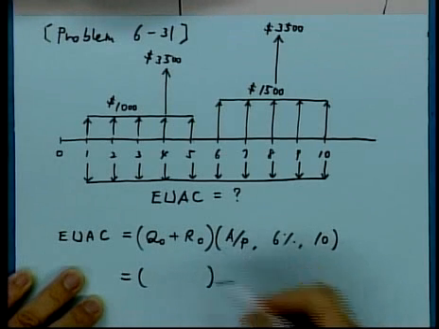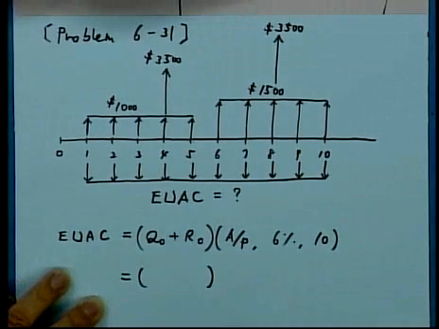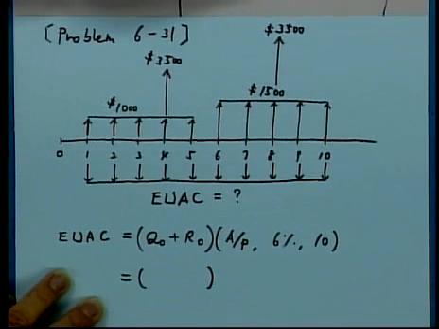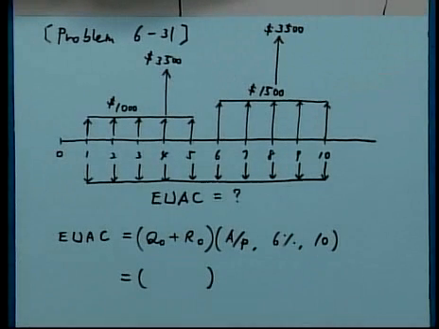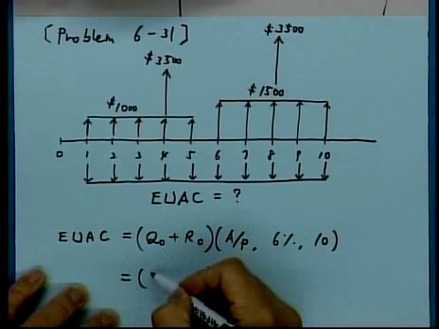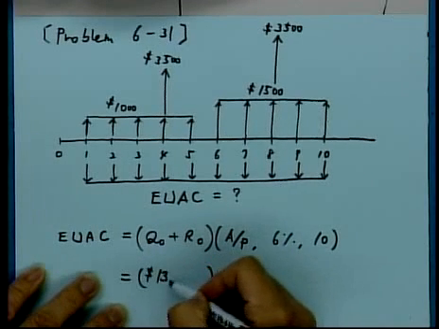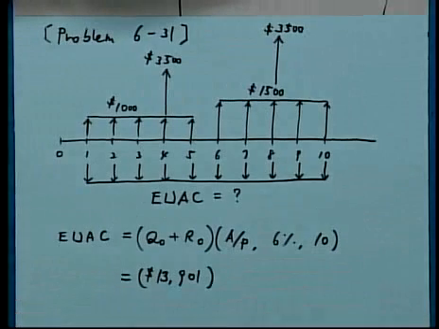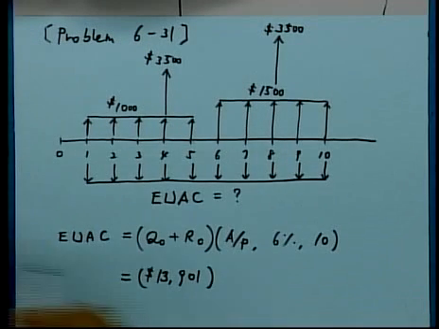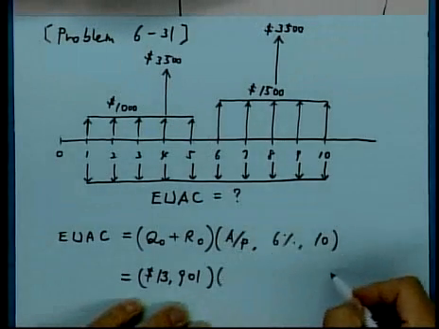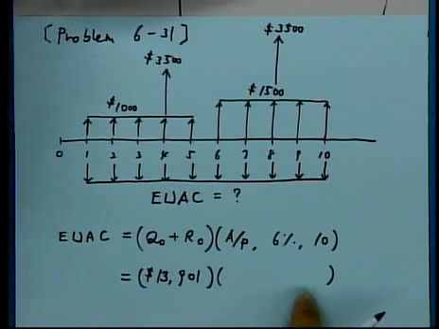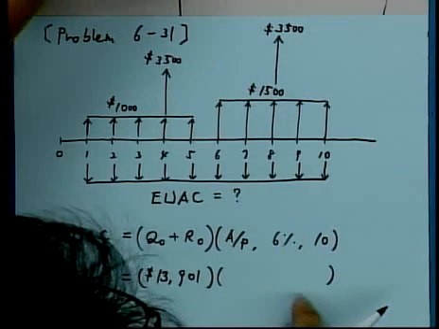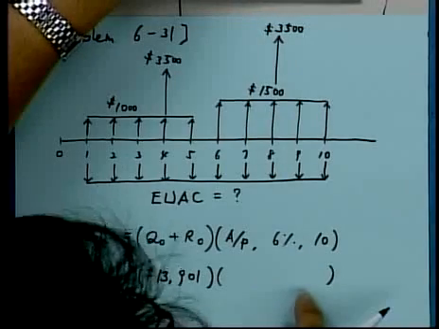So what is the value of Q sub 0 plus R sub 0? That's going to be $13,901. And what is the value of A given P over 10 periods?